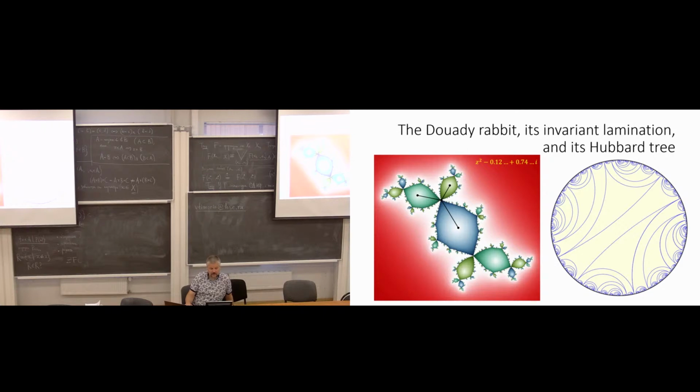The name goes back to Adrien Douady, one of the founders of this science. And why it's called the rabbit, well, it may be difficult to explain. There is some similarity with the rabbit. You may imagine that some part of this figure is a body of the rabbit, and some part of this figure represents a pair of ears.